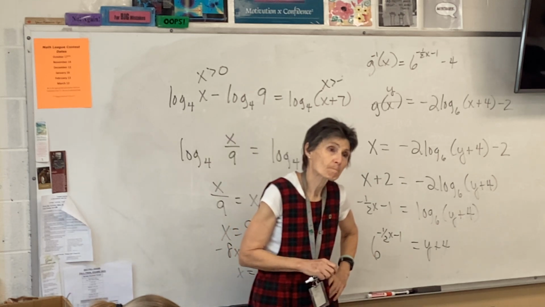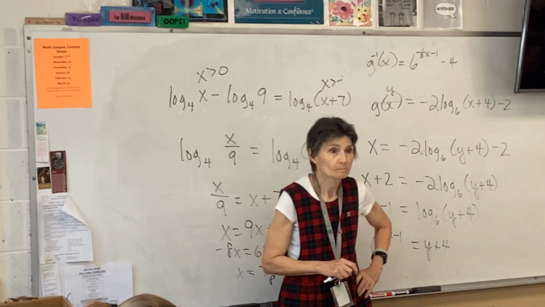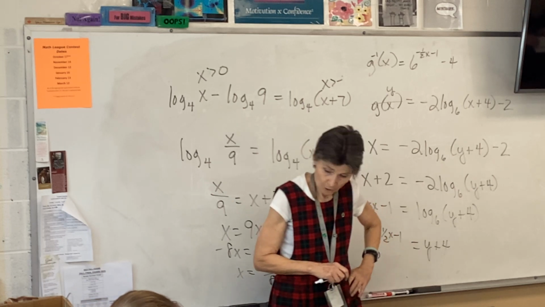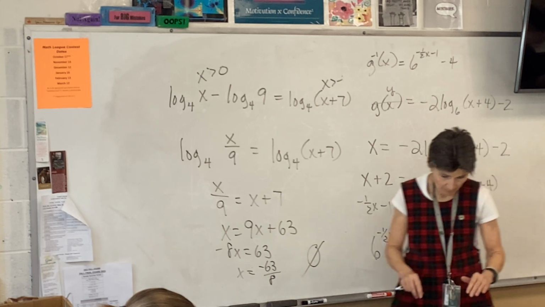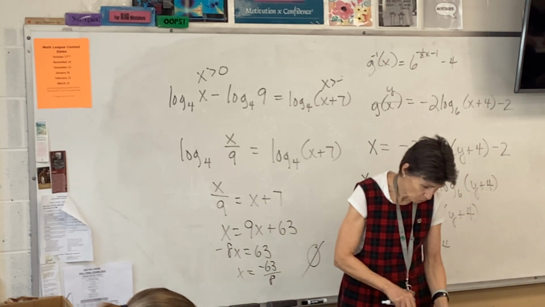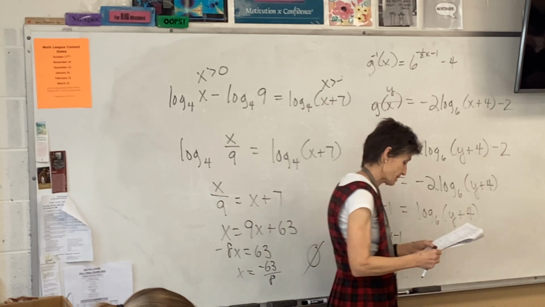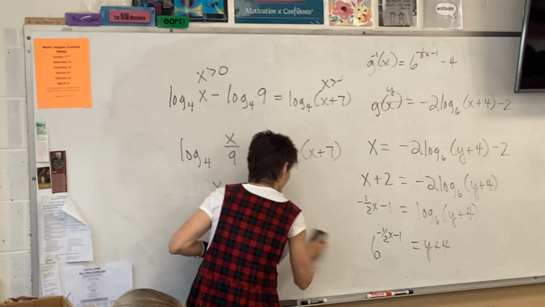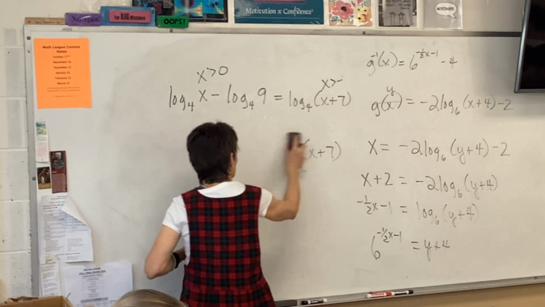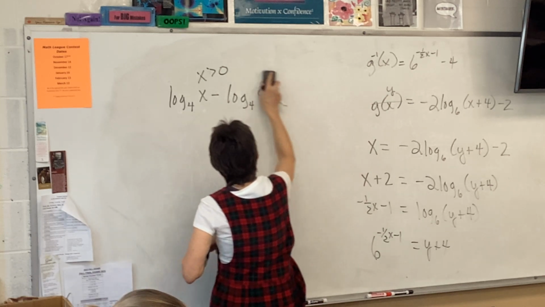Ella? Homework 2.12, number 6. Here it is, 2.12, number 6. Convert this into a natural logarithm. Basically, what are you being asked to do?